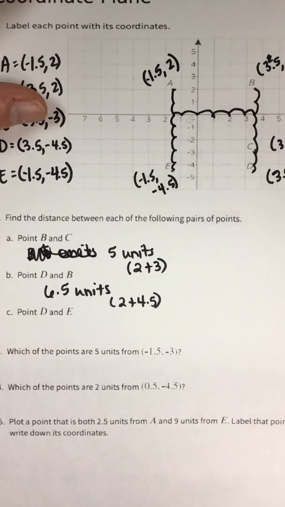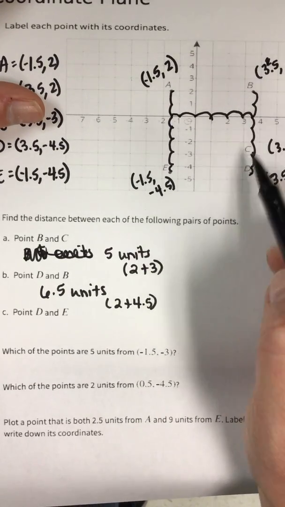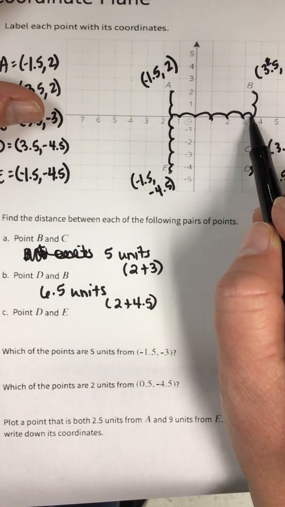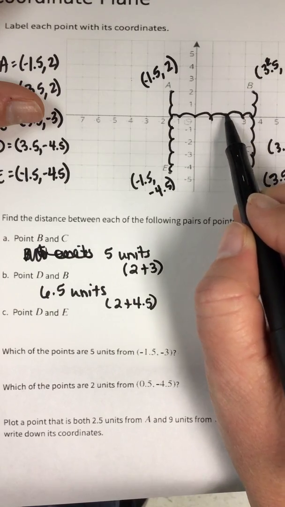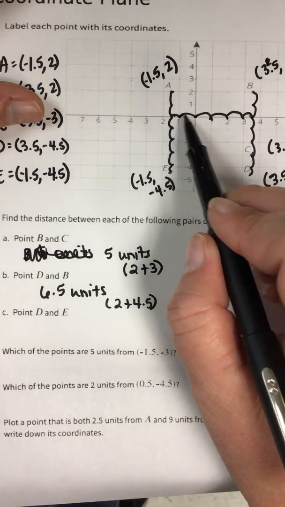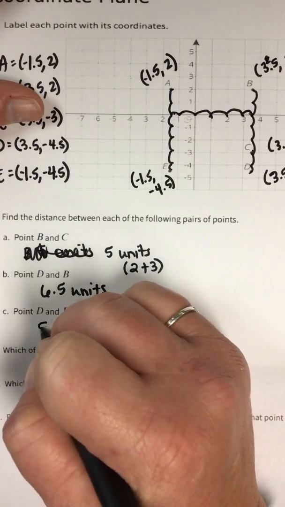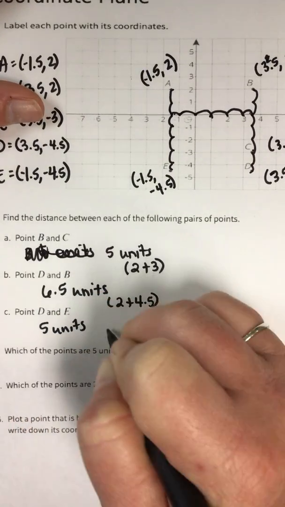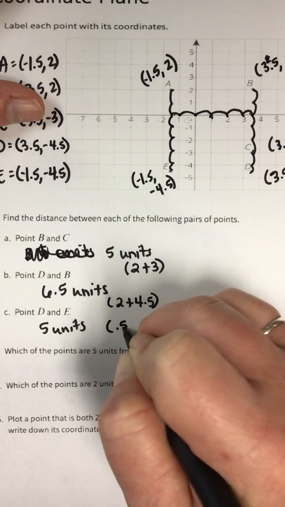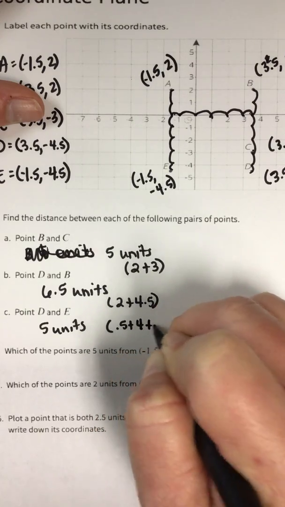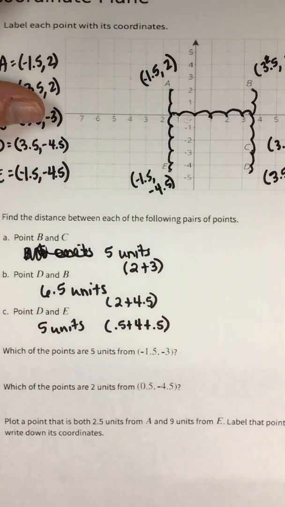All right, and then point D to point E, so it'd be half, 1, 2, 3, 4, and another half, so that'd be 5 altogether. I figured that out by doing half plus 4 plus half.